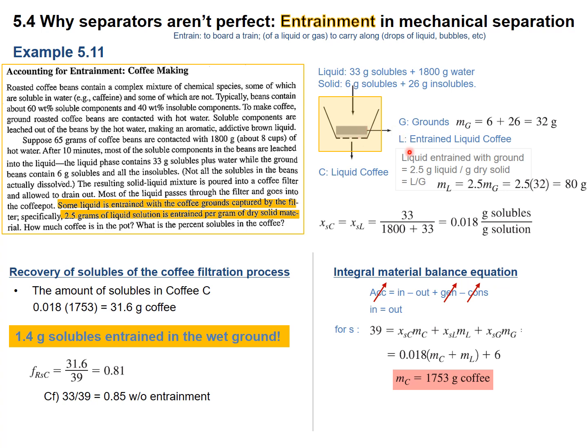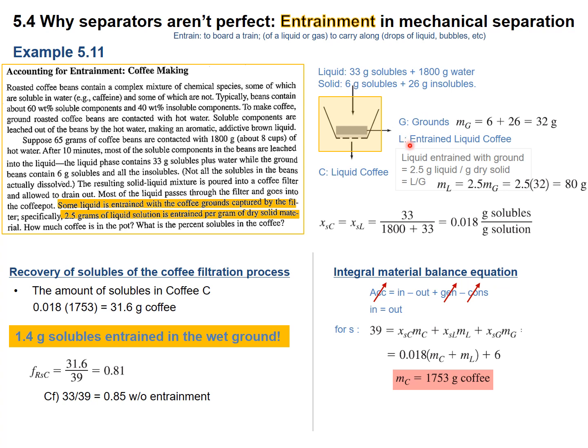What is that? Grounds, ground coffee, symbolized by G, and this is the insoluble material plus the soluble material still existing in the insolubles. This one is the ground.